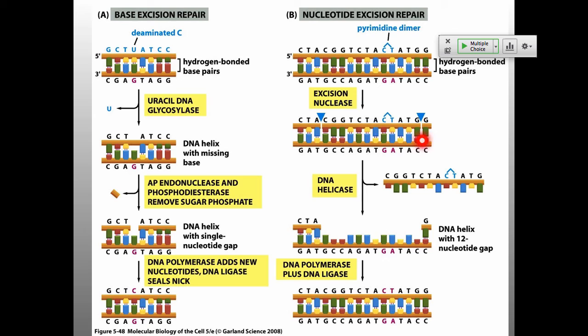DNA helicase is required to get rid of this piece, unwinding that particular piece of DNA. Now you have a 3' OH, a nice template, DNA polymerase, DNA ligase come in and repair this whole piece of DNA. So, two major flavors of repair. Turns out that this nucleotide excision repair should seem really familiar. Why?